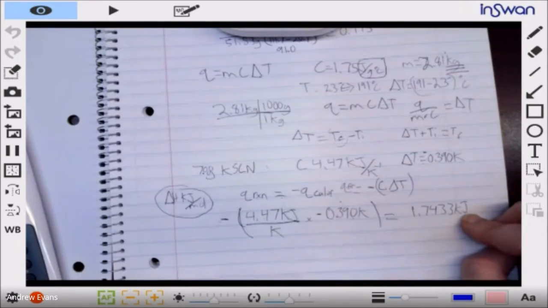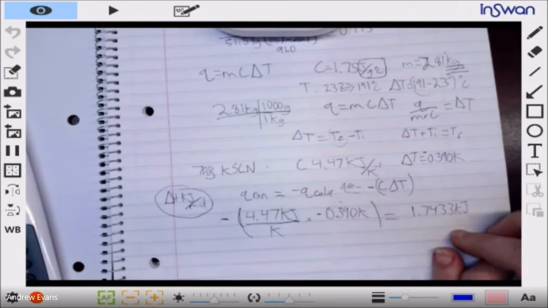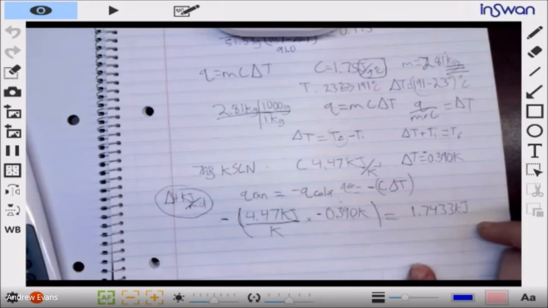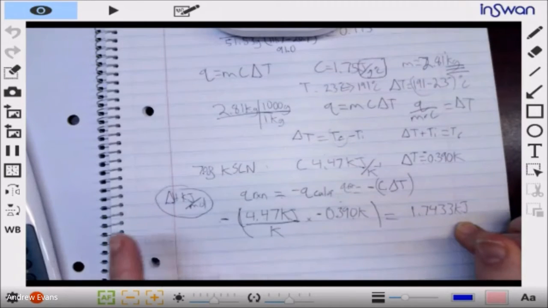We used 7 grams. What would happen if we used 1 gram? Well, we'd have less of a change. If we used 18 grams, we would have more of a change. So what do we have to do to turn kilojoules into kilojoules per mole? We have to divide by the moles of KSCN dissolved.